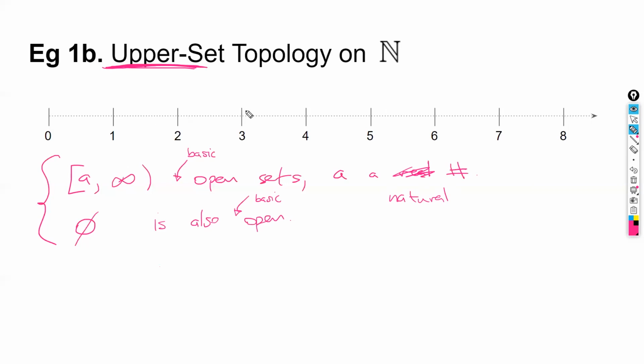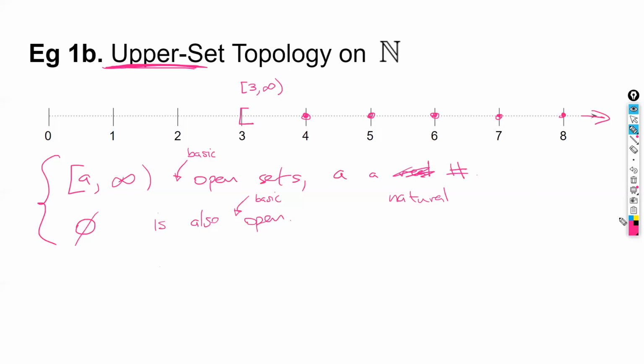So, for example, 3 to infinity like this in the natural numbers is the set starting with 3. It includes 4, it includes 5, it includes 6, and 7, and 8, and so on and so forth.